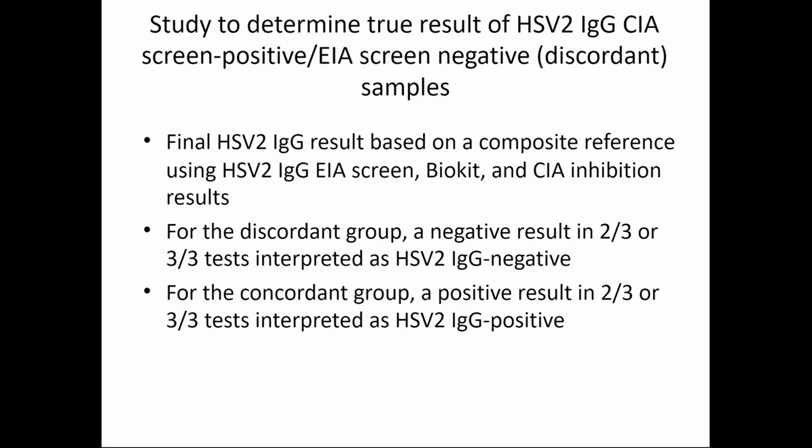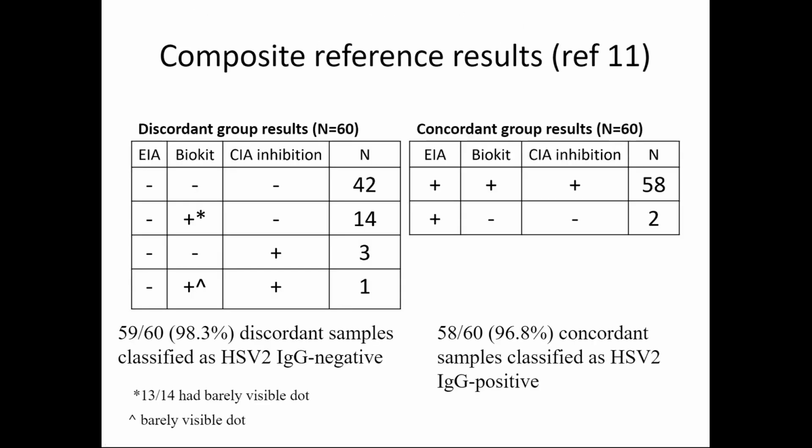For the discordant group, a negative result in 2 of the 3 assays or all 3 tests was interpreted as an HSV-2 IgG negative result, but for the concordant group, a positive result in 2 of 3 of the assays, or 3 of 3 assays, was interpreted as HSV-2 IgG positive. And here are the results that we got.